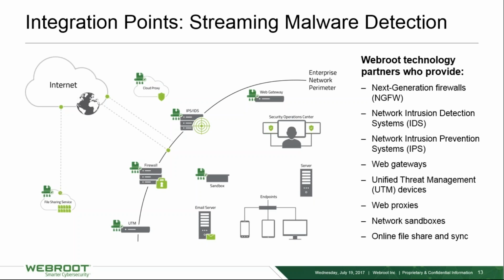It's also appropriate for unified threat management devices, web proxies, sandboxes, and lastly, online file share and sync solutions. So there's a number of places that this technology can augment the existing capabilities of a device to add this very rapid file detection and blocking technology.